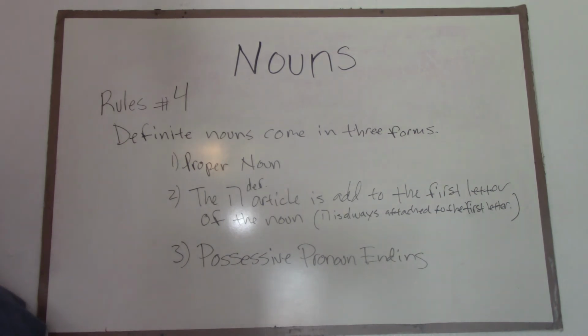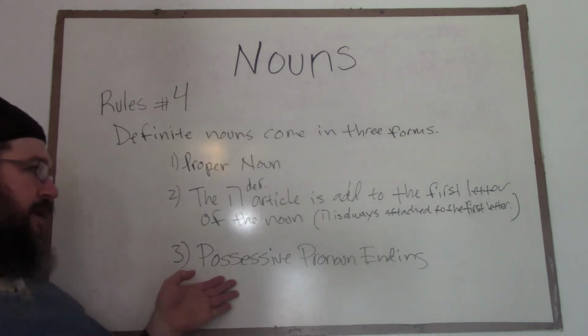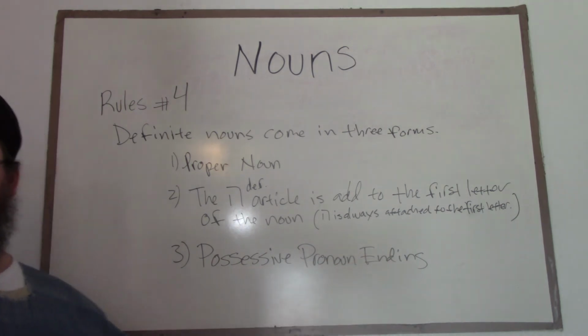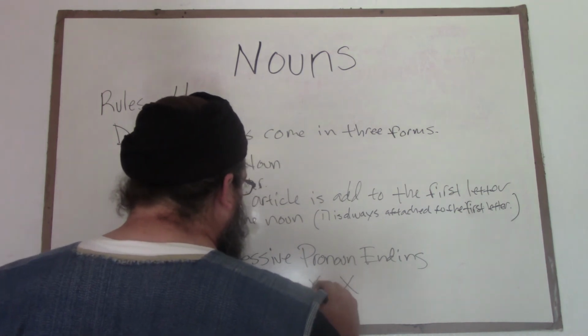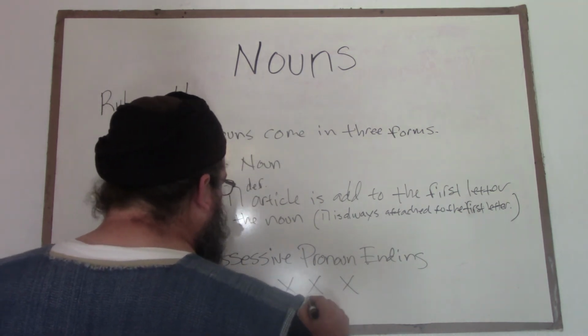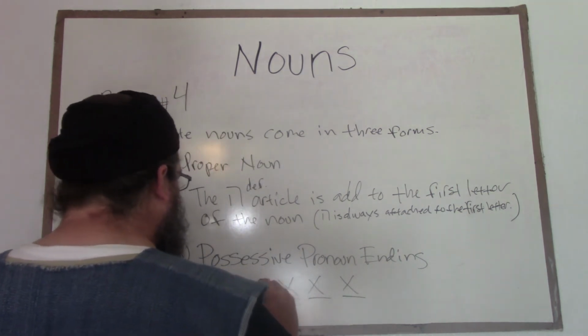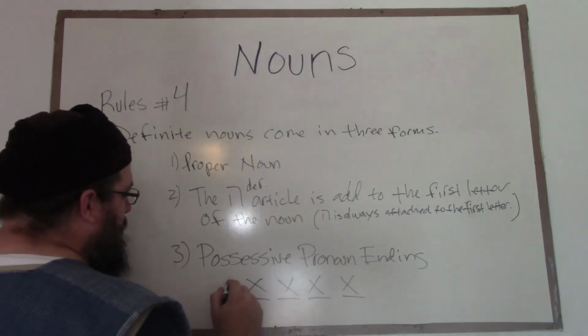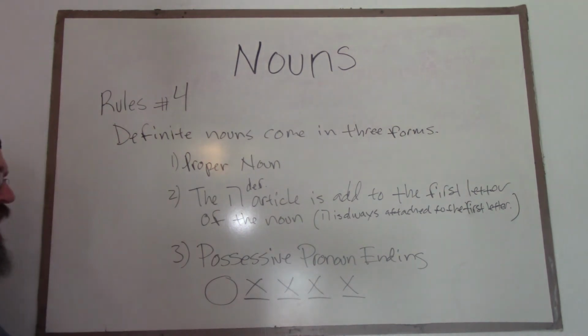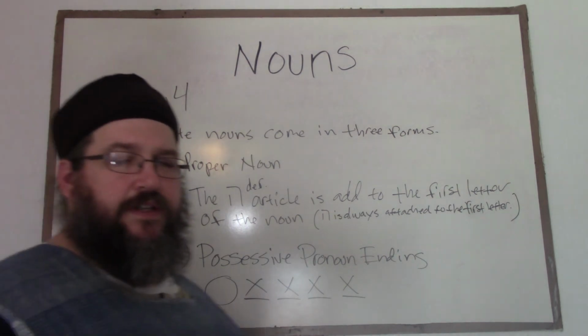And rule number 4 carries the last one, which is 3. It has a possessive pronoun ending, which means we're looking at a noun. Remember my X, X, X? This is my little pretend noun. That means at the end, I'm going to have letters that are going to represent pronouns.